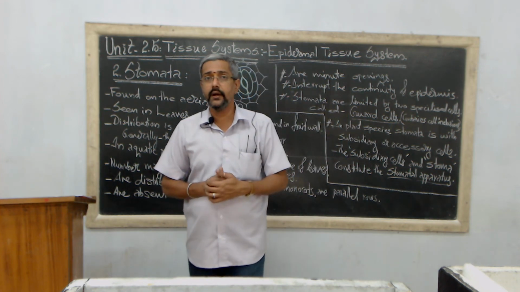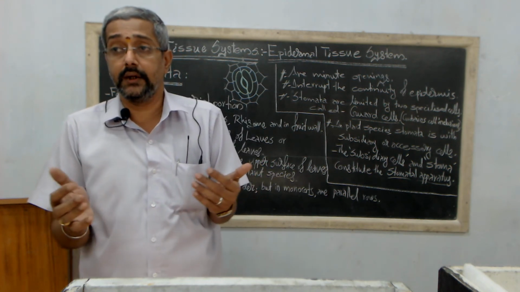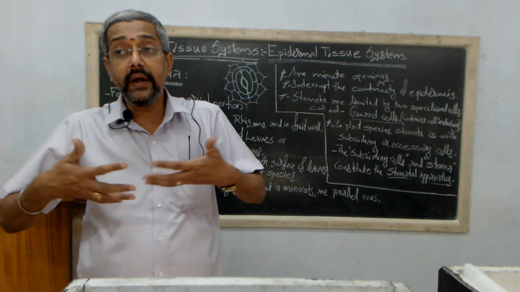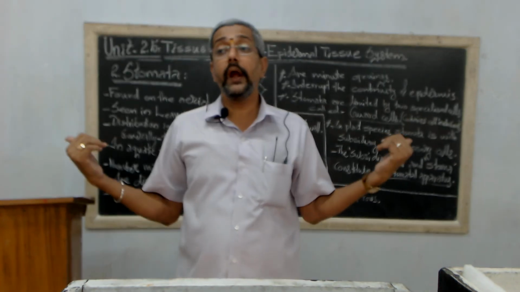What are accessory cells? They are an additional layer of cells, which help to mediate from the stomata and guard cell to the epidermal cell.